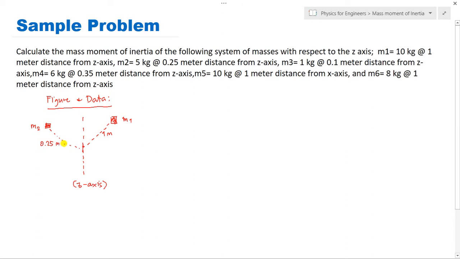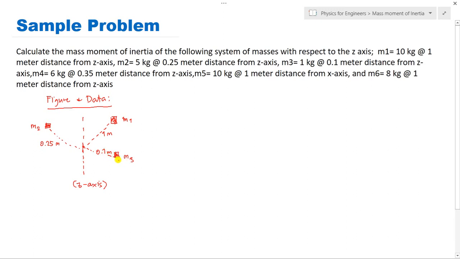Mass 3 is 1 kg, still from the z-axis. Its distance from the fixed axis, or from the z-axis, is 0.1 meter.